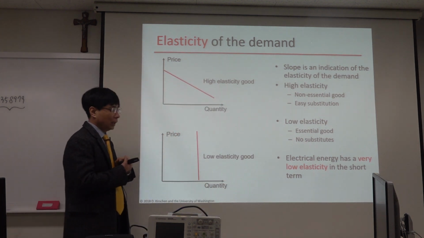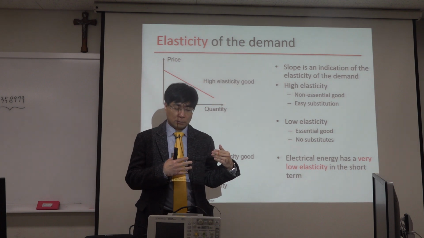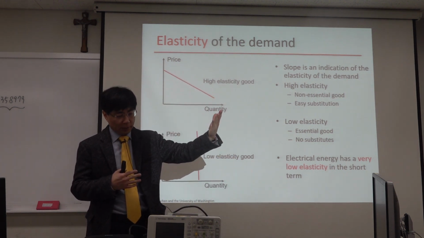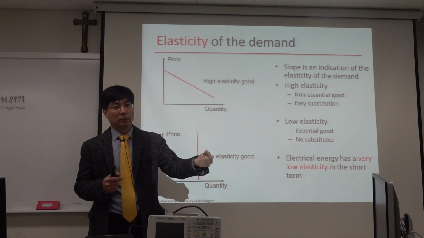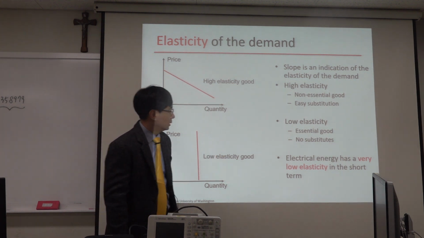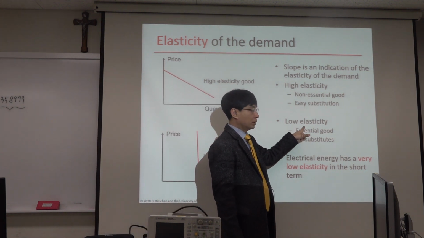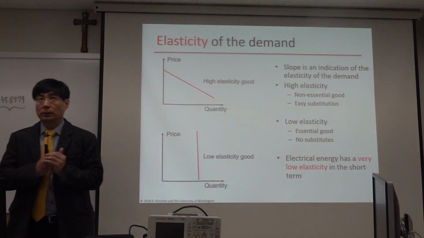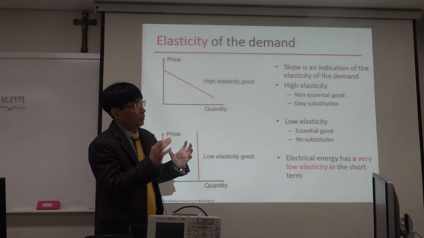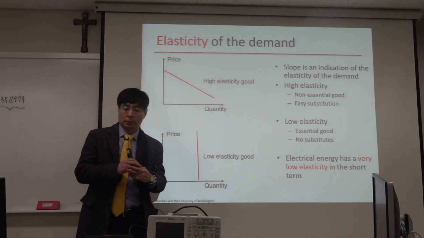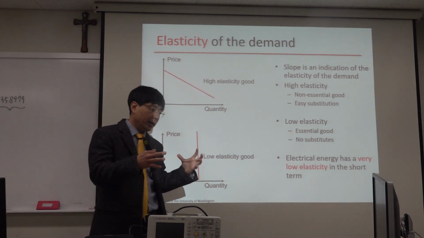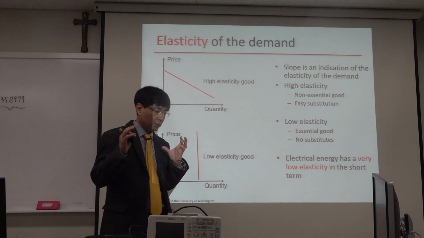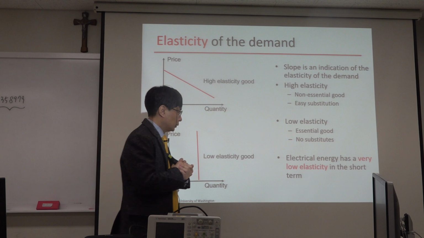But low elasticity means that even if the price goes up, you still need that good. That means that is an essential good, right? So in that case, the customers are buying goods for their living, for their survival, etc.